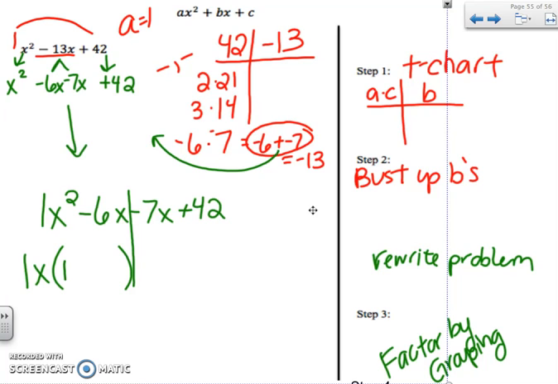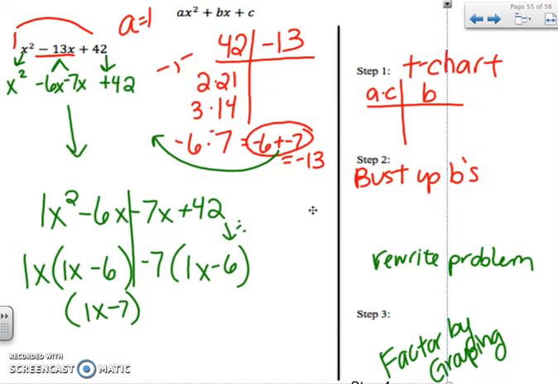So I will be left with a 1x in the middle and then subtract 6. So again, I'm going to rewrite that parenthesis, 1x minus 6. I'm going to divide my last 2 numbers. So 42 divided by negative 6 is a negative 7. And then I will write my final answer as 1x minus 7 and 1x minus 6.